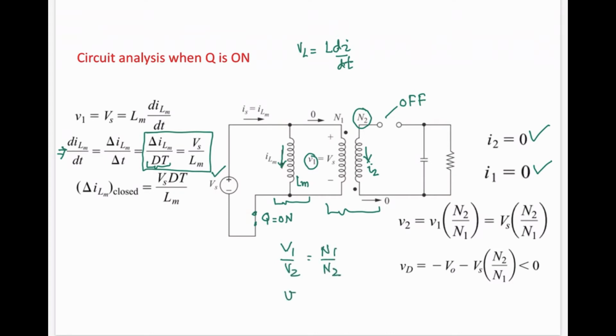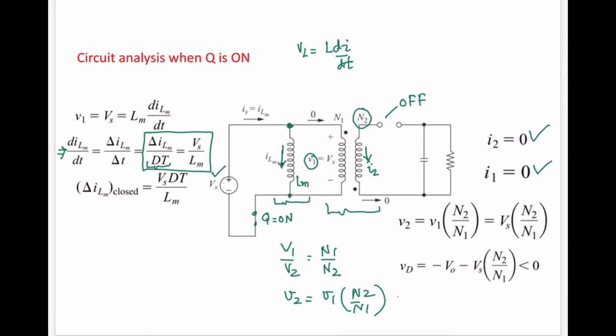From here I can find V2, which is equal to V1 into N2 by N1, and V1 is what we apply across this, which is the same as Vs, your supply voltage.